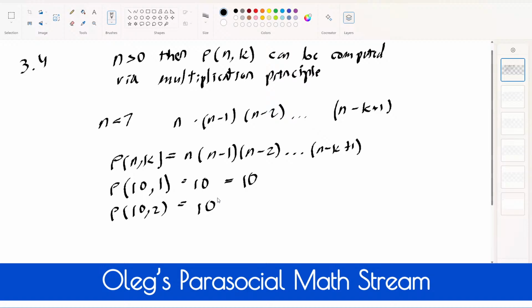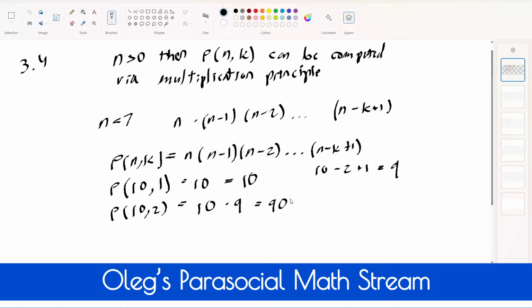We're going to say 10 minus 2 plus 1, which is equal to 9. So we're going to multiply this by 9, and that's going to be 90.